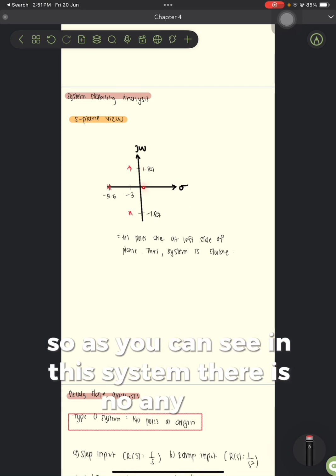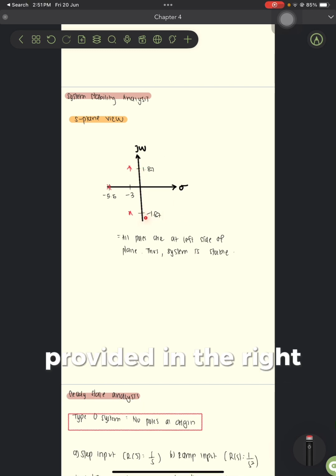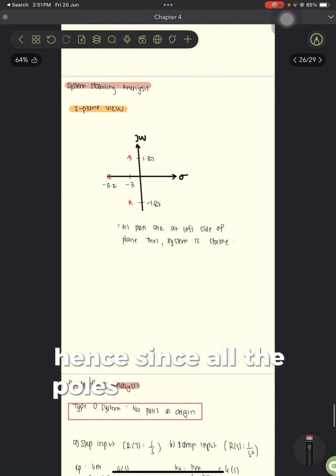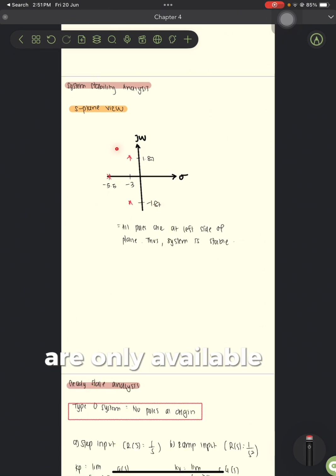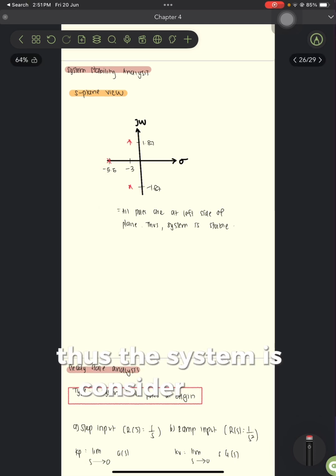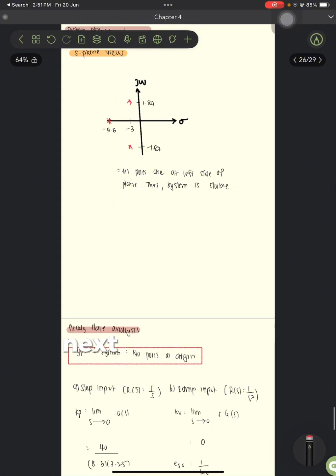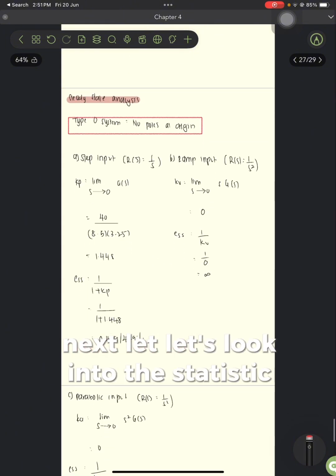There is no pole in the right half plane of this system. Hence, since all the poles of the system are in the left half plane, the system is considered stable.